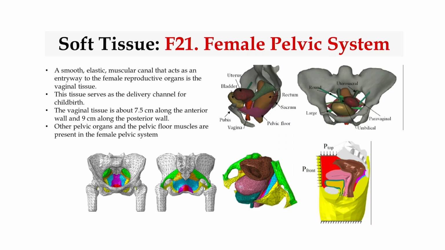Then you have the female pelvic system with the different muscles and the organs in between. All the organs are here, and there are certain loads and fixture points which have to be placed. These have to be very accurate as per the anatomy. If these are not accurate, you will not be able to analyze or find the right mechanical property or the overall response of the system.